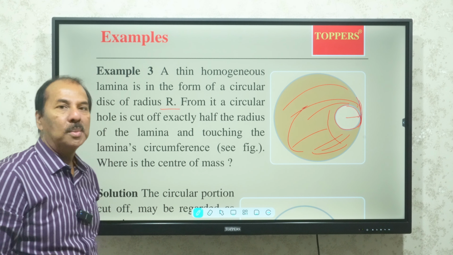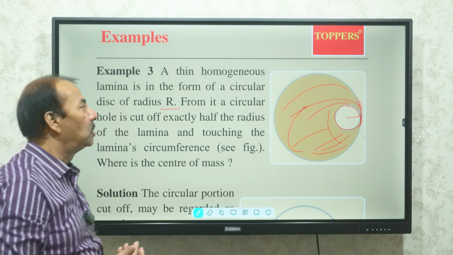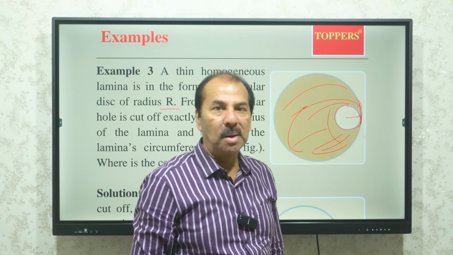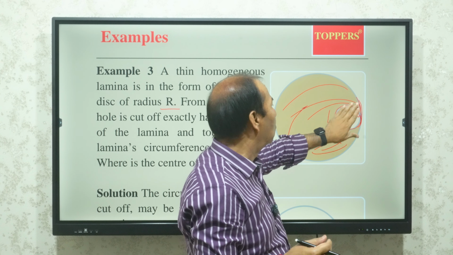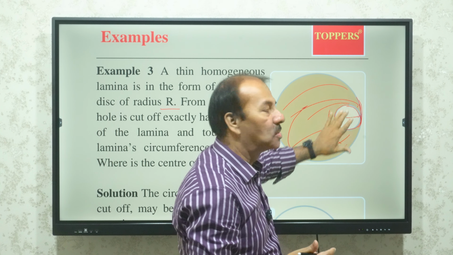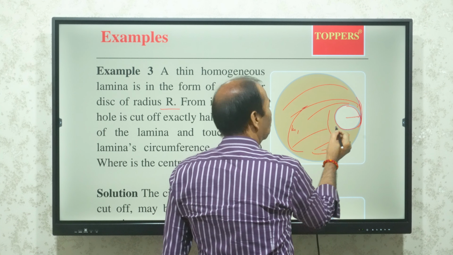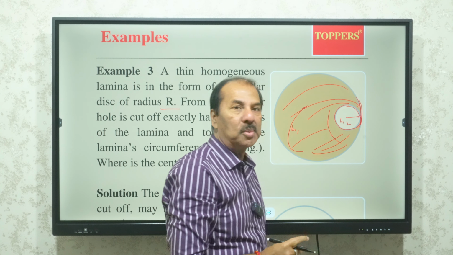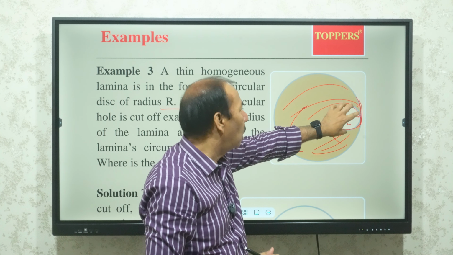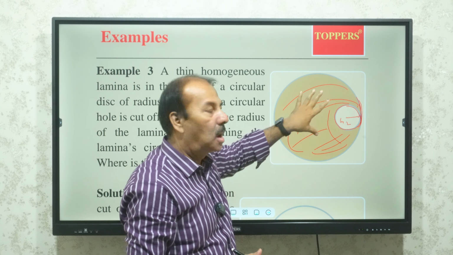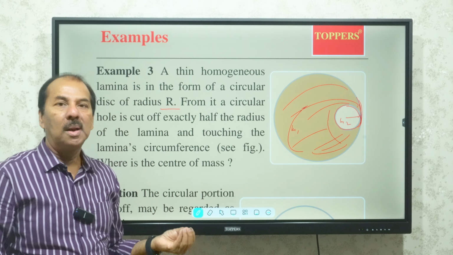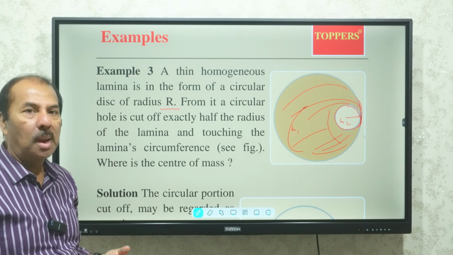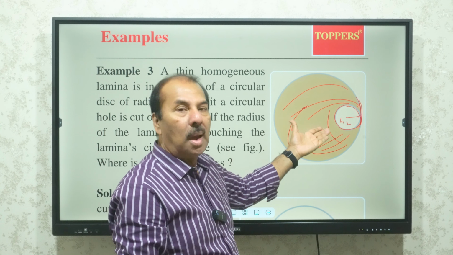Now to calculate the center of mass of the remaining part, we can use the concept of negative mass. We can consider that this is one object and there is another object placed over this. Mass of this object is, suppose, m1 and mass of this object is m2. If this object is placed over this, we could have simply done m1 x1 plus m2 x2 upon m1 plus m2 if it is along the x-axis.